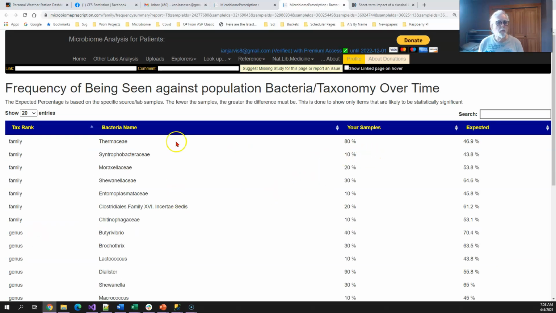For example, this first family, 80% of the samples had it. Only about 45% of the population has it. So this particular bacteria is overrepresented. The next family is underrepresented. And there you can go down and you can see that there's generally about a 30% difference between them or more.